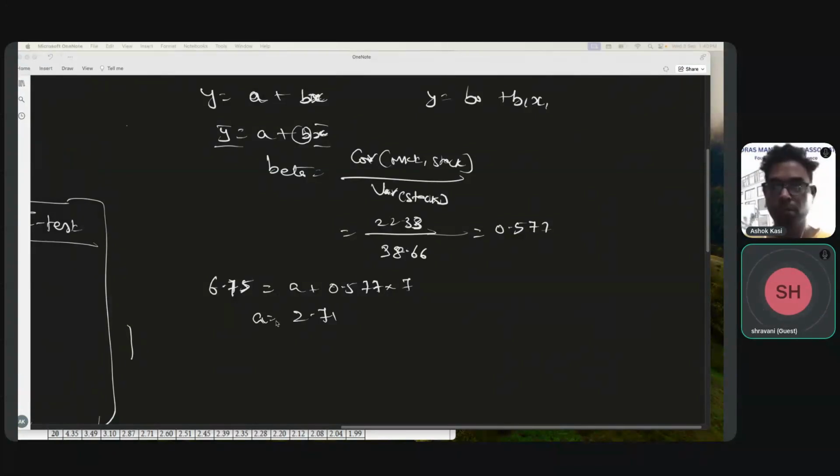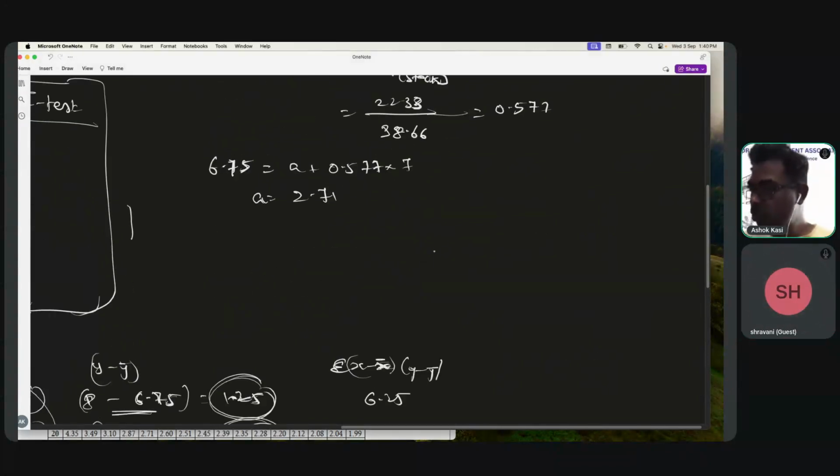So I know A's value, B's value, and X bar, Y bar. Now on this basis I can calculate the predicted value. The predicted value is equal to A plus B X. This is the formula.